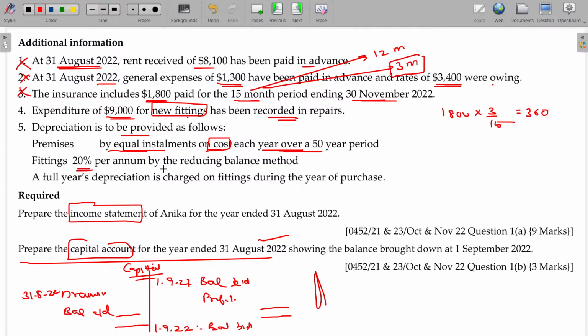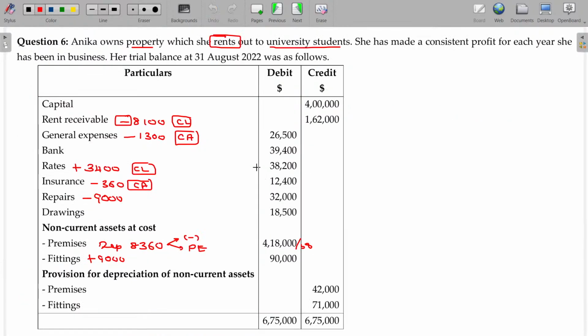And fittings at 20% per annum by reducing balance method. In case of fittings, you have to calculate the depreciation at the rate of 20% on the reducing balance method. In case of reducing balance method, from the value you have to subtract the provision for depreciation. So 90,000 minus 71,000, on that 20% will be calculated. 20% is on this 90,000, plus 9,000 is going to be added because of the error.